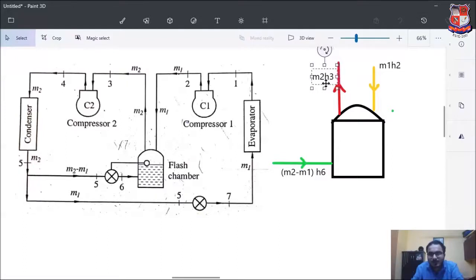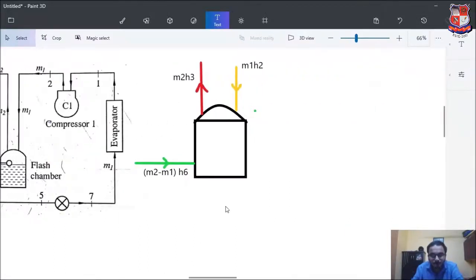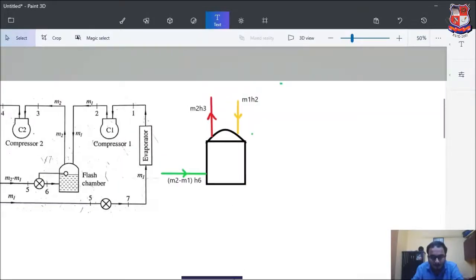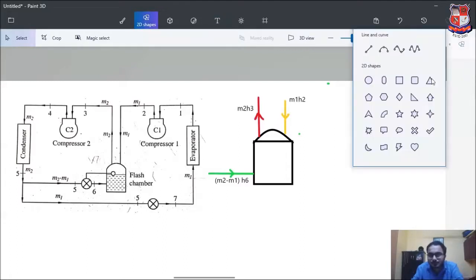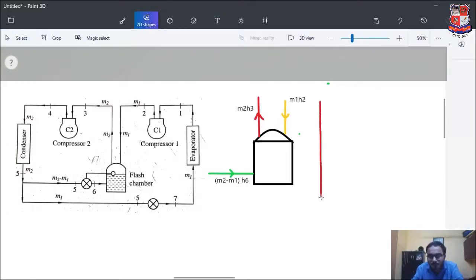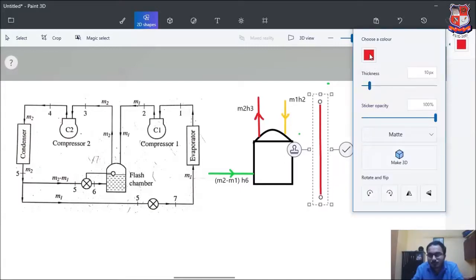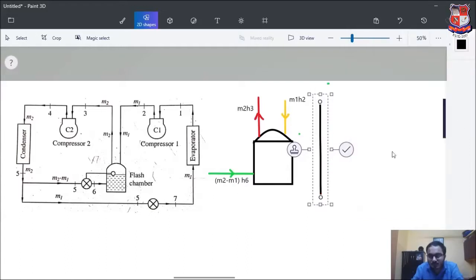Now we are ready to draw our pH diagram. So let's begin. This will be our pressure line.